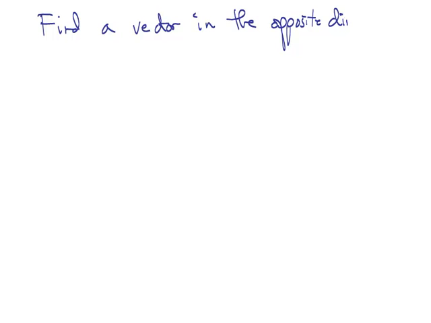And so then you can do some other things with that as well. Let's suppose I want to find a vector in the opposite direction of v of length 6.